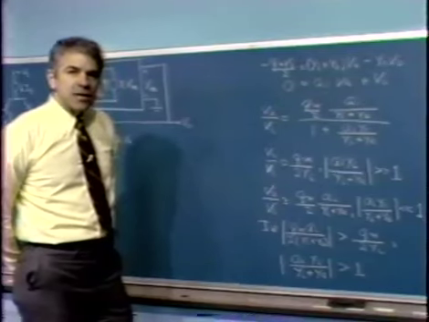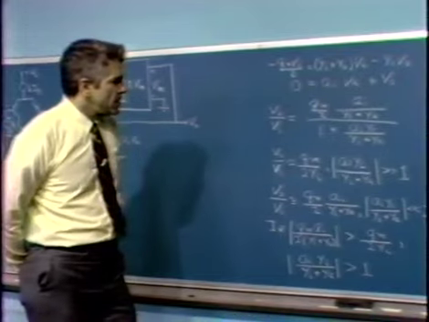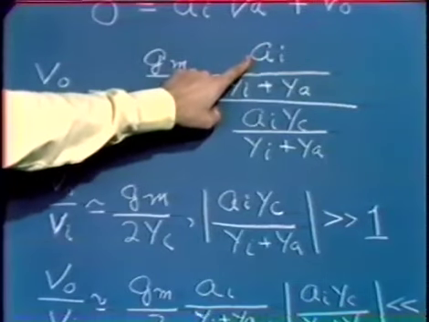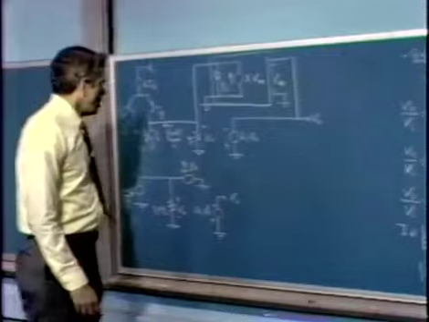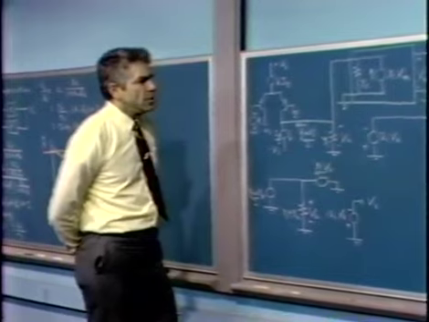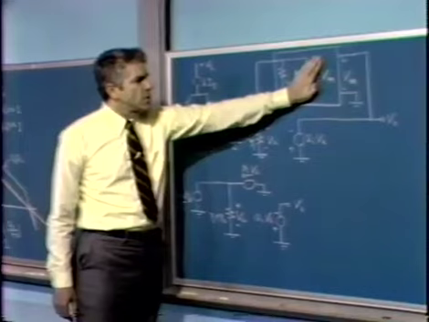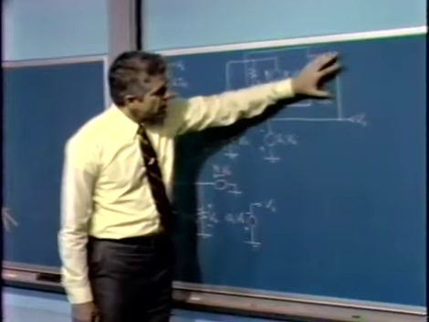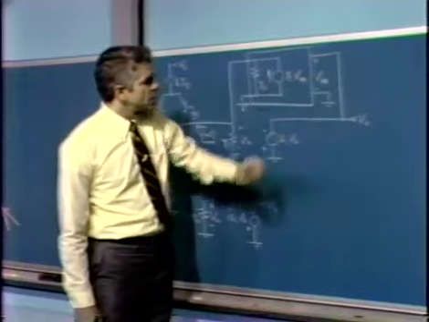There's a very nice physical significance associated with the terms in that final equation. In particular, let's consider the numerator. Here we have GM over 2 times AI over YI plus YA. What's that? Well, consider what would happen if we disabled the feedback network, if we made YC equal to 0, possibly by disconnecting the input port of the compensating network from V out and simply shorting it.